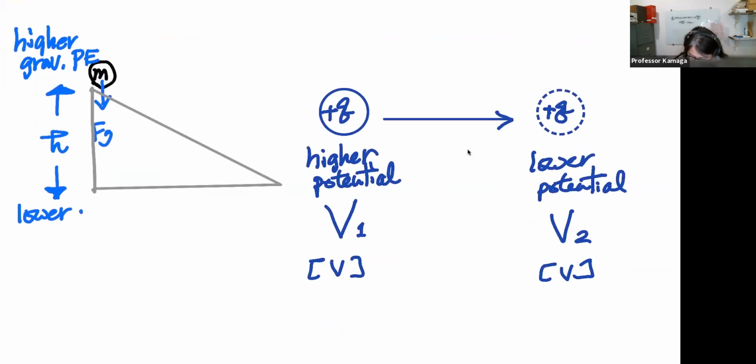So here, V1 is higher than V2. Then plus Q will move from high to low.